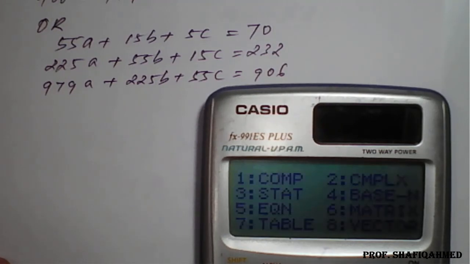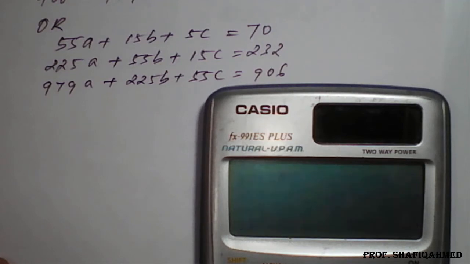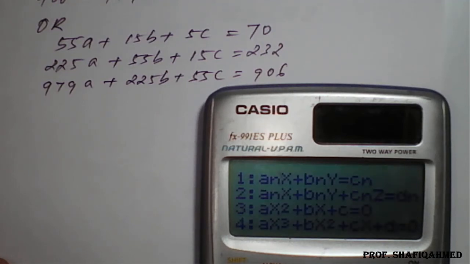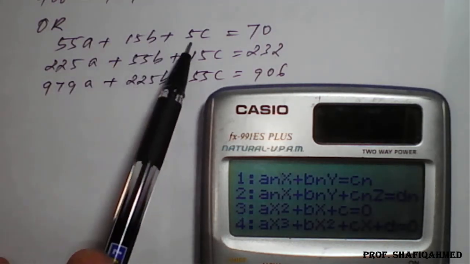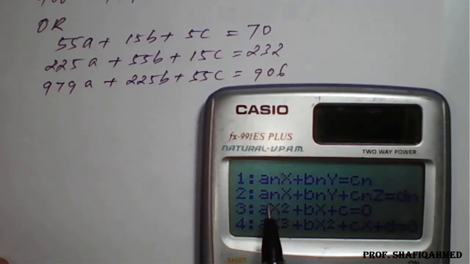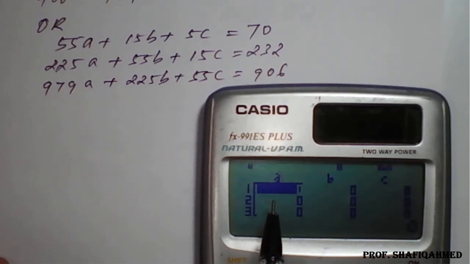Fine. So go to mode, equation, that is option 5, equal to sign. You can see that we need a, b, c, so choose the option which has a, b, c, press 2. Again it will ask the value of the first coefficient, second coefficient, third coefficient: that is 55, 15, 5.